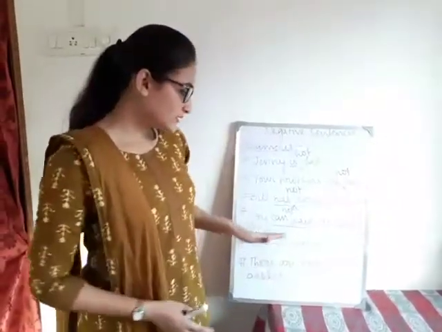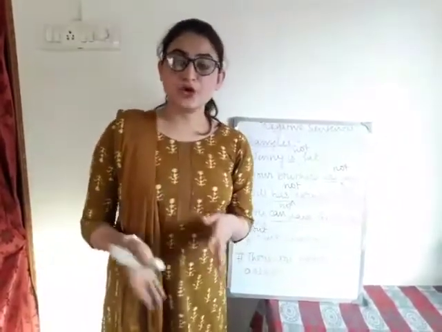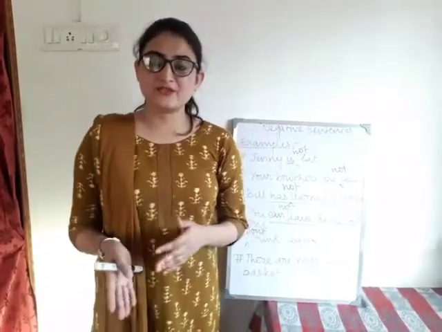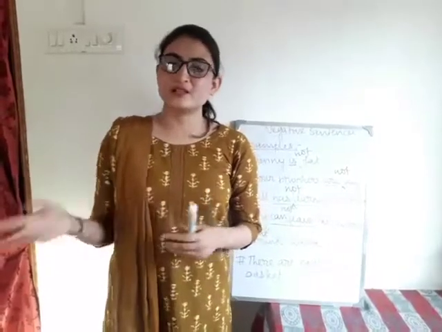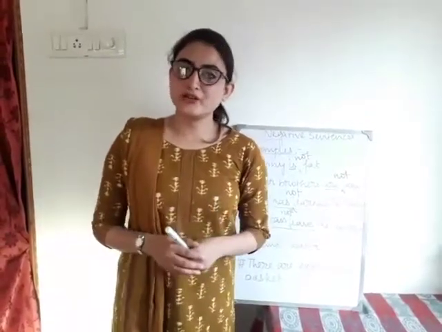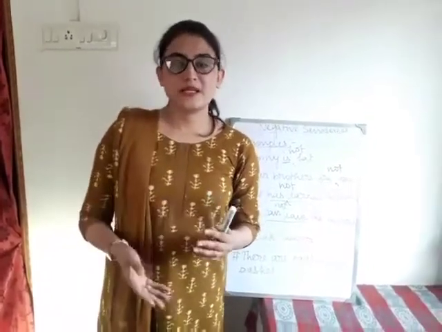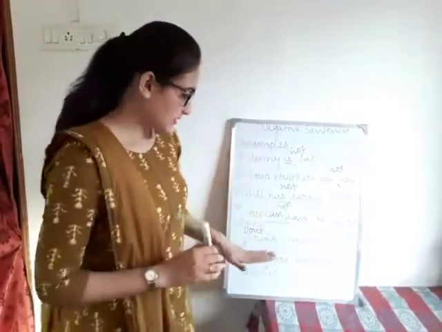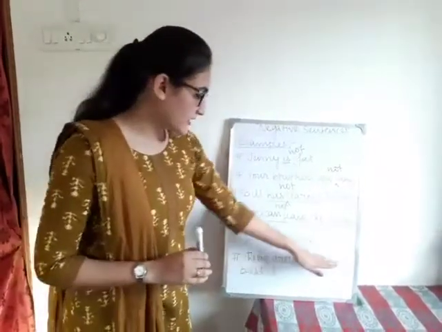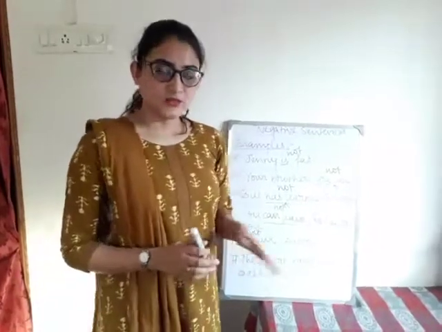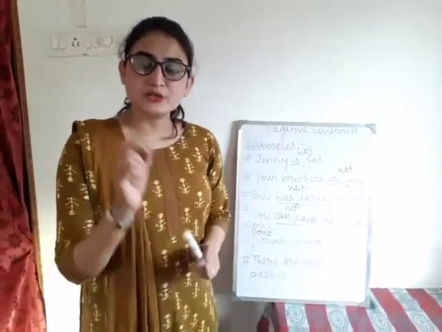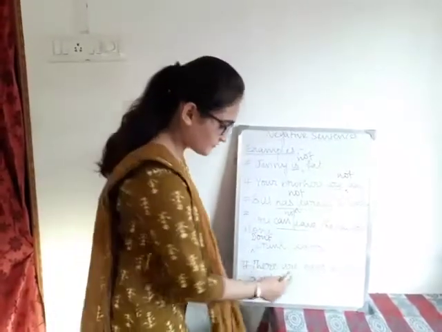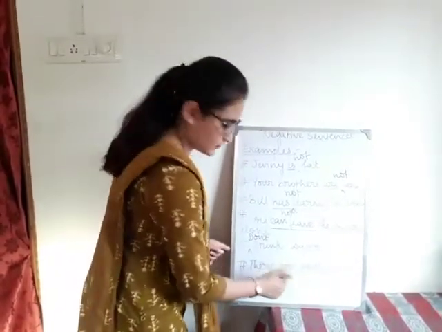Till now we have learned how we can use not in the sentence to make it negative. But we also know that we can use the word no to make a sentence negative. So how can you make a sentence negative by using the word no? In sentences like this, there are eggs in the basket, we use the word no after the helping verb.